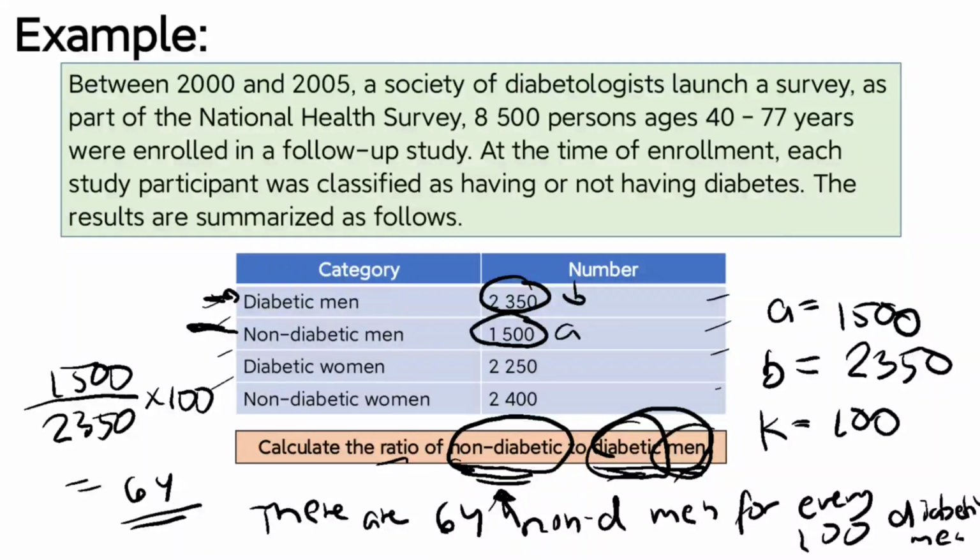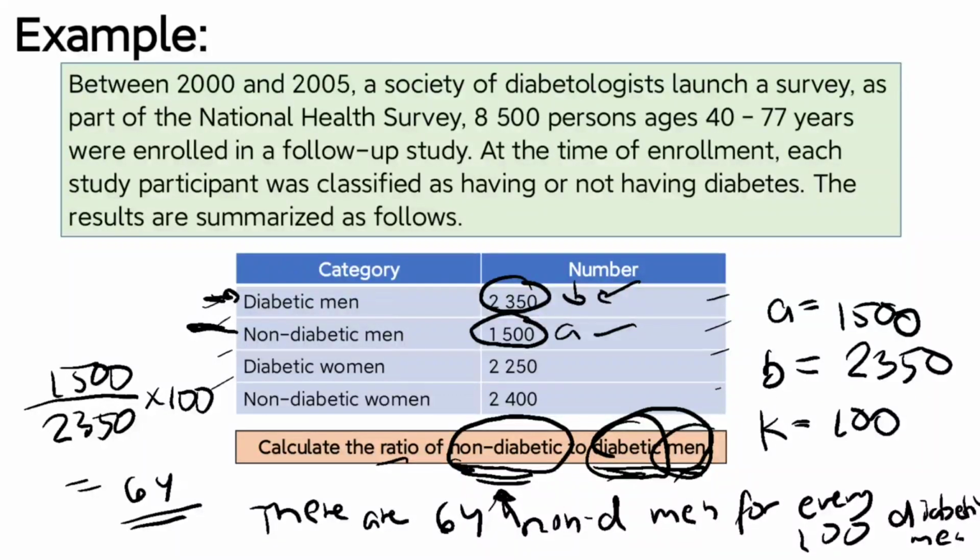So, the answer here in this problem, so sabi niya, sa problem niya, calculate the ratio of non-diabetic to diabetic men. So, yung nasa numerator mo, yung unang binanggit, which is non-diabetics, which is 1,500 in our data. And then, yung sa denominator mo would be diabetic men. Okay, so dito naman sa baba.